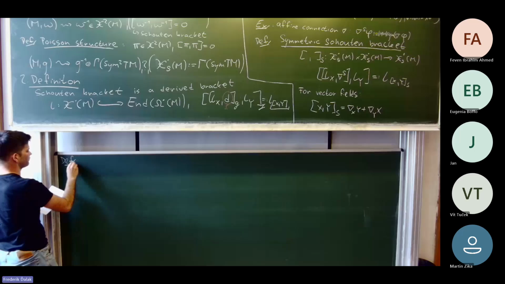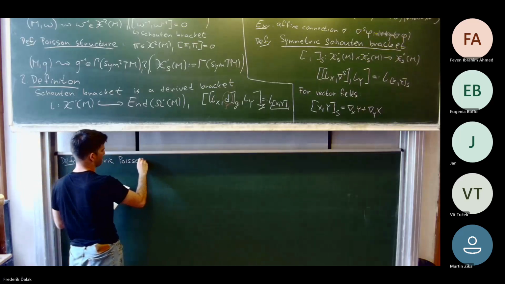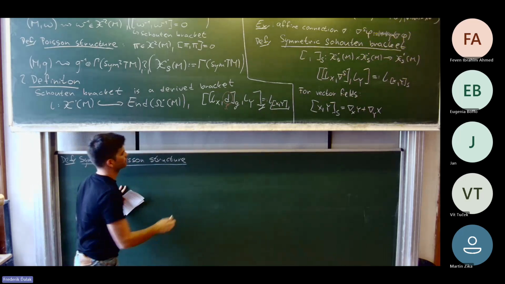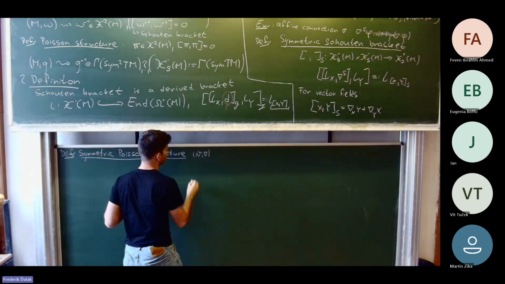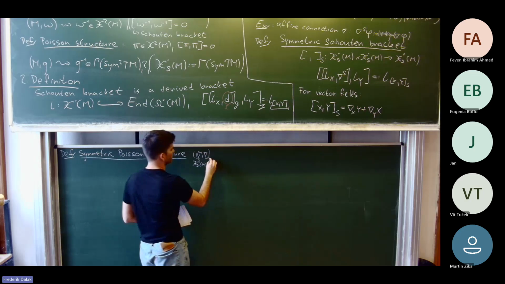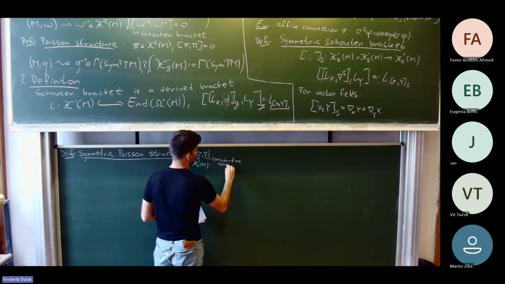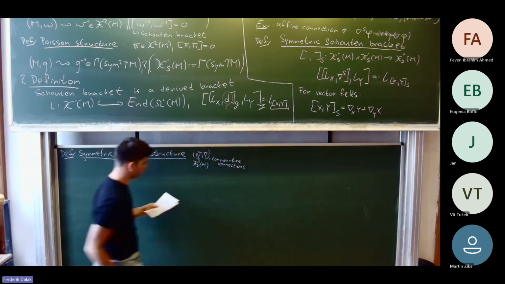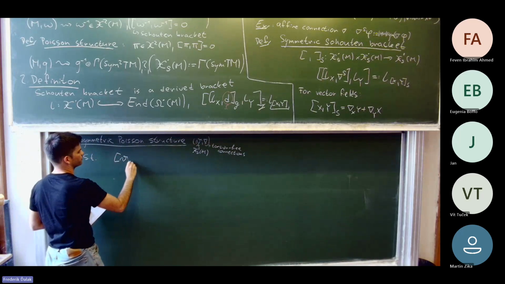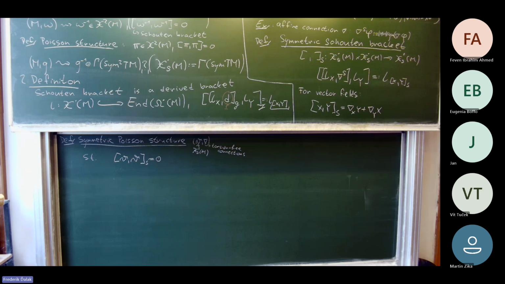Definition: a symmetric Poisson structure for us is a pair (eta, lambda), where eta is a symmetric vector field and lambda is a torsion-free connection, and we restrict to torsion-free connections without loss of generality when we work with the symmetric Schouten bracket, such that this condition holds. This is a symmetric Poisson structure.